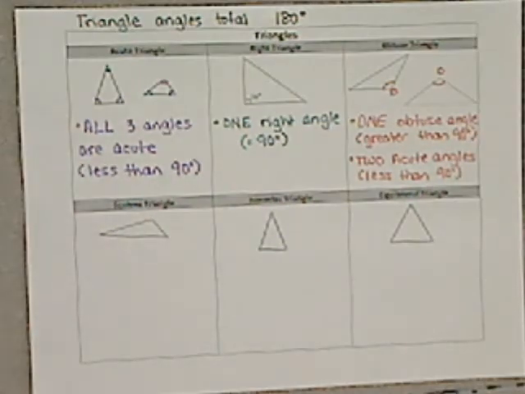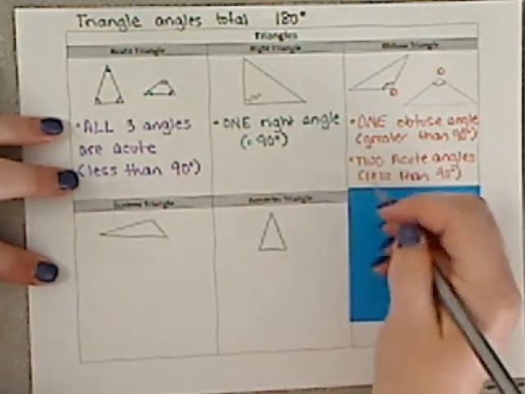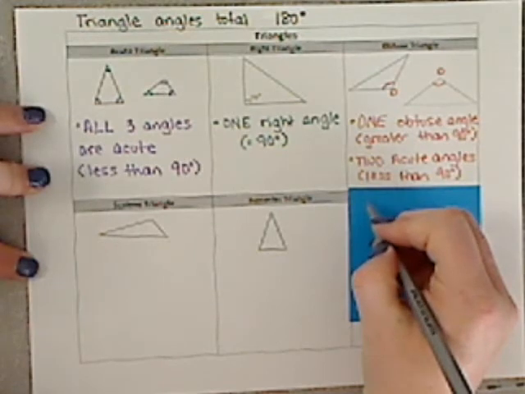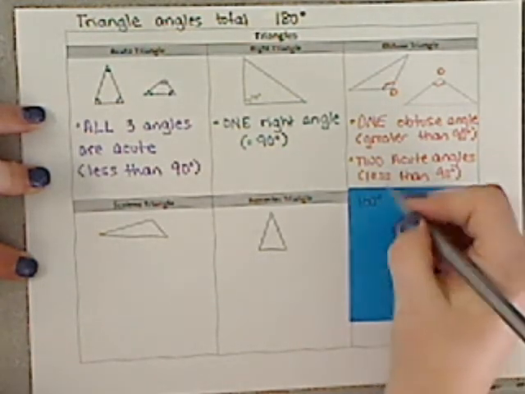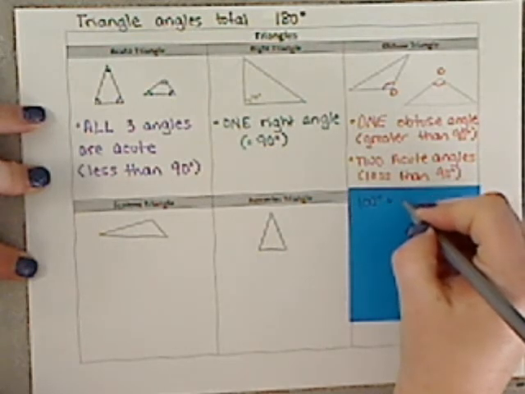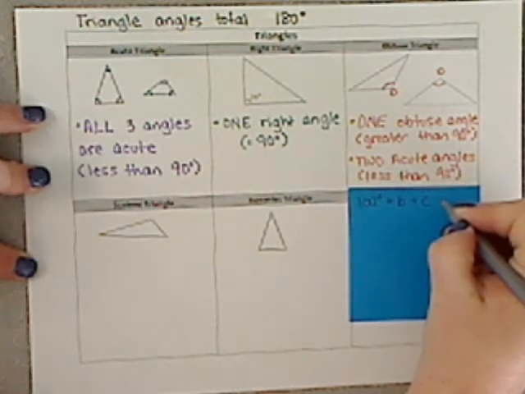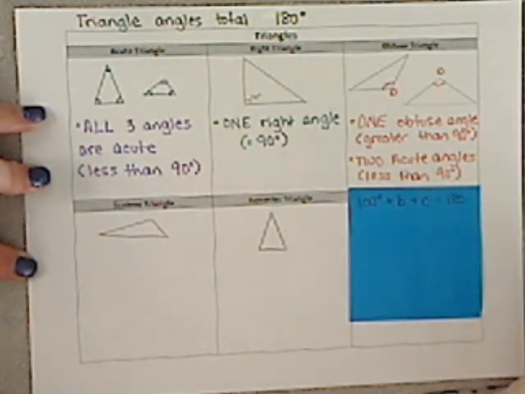And remember, the angles in a triangle have to add up to 180 degrees. So if I have a triangle that has an obtuse angle of, let's say, 100 degrees, if the second angle and the third angle are added to that, it has to equal 180 degrees.